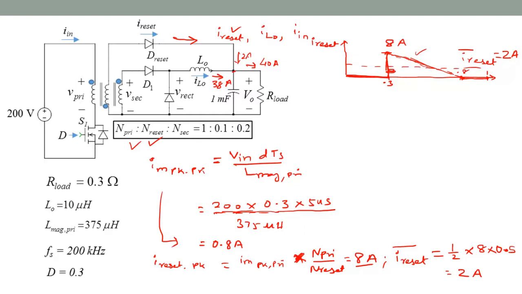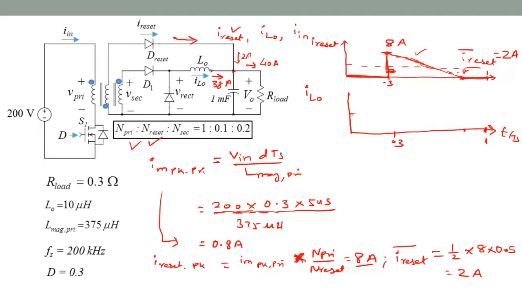Okay, so the next current waveform that was required was the filter inductor current. That will be positive for this application. So this is IL, the IL out. 1 is what matters for this. T over Ts, this is 0.3.